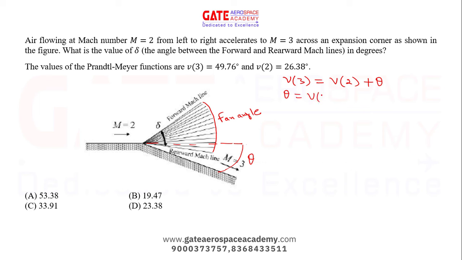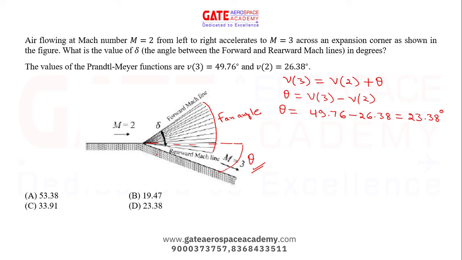Nu 3 minus nu 2. So theta is equal to 49.76 degree minus 26.38 degree is equal to 23.38 degree, right? So we got theta, right?